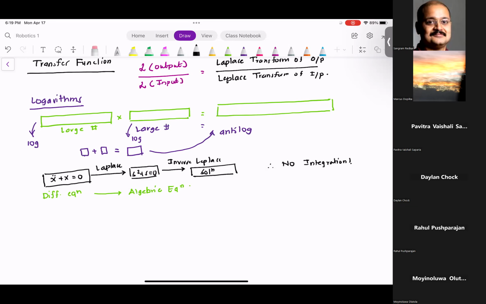And I'm not going to give you the theory of Laplace transform, but I'm going to talk about how to convert systems into a Laplace transform. So basically, this is the time domain, and here is the Laplace domain.